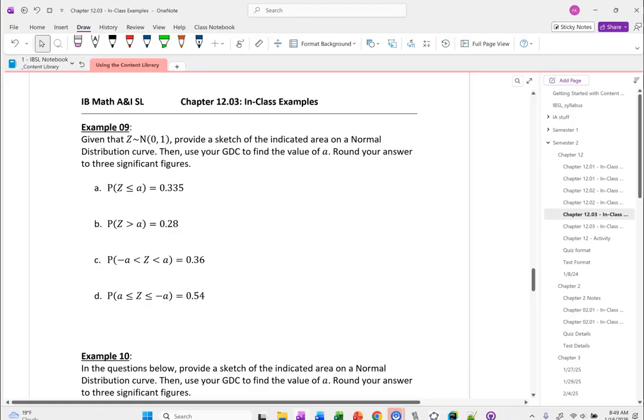Kevin, I'm going to give you a chance at this one since we skipped you the first go around. It says, given that z is normal 0, 1, provide a sketch of the indicated area on a normal distribution curve, then use your GDC to find the value of A. Round your answer to 3 sig figs.